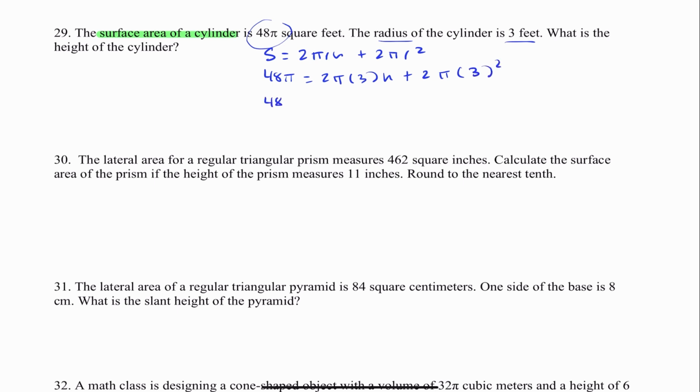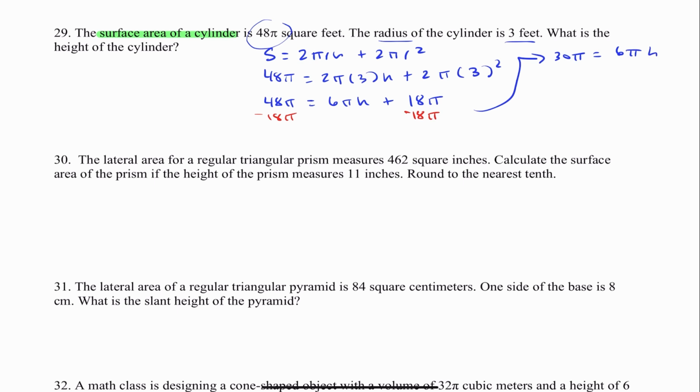So that's going to be 48 pi equals 6 pi h plus, so 3 squared, that's 9, times 2, that's 18 pi. Okay, so now I'm going to subtract 18 pi from both sides here. So 48 pi minus 18 pi, that's 30 pi, equals 6 pi h.